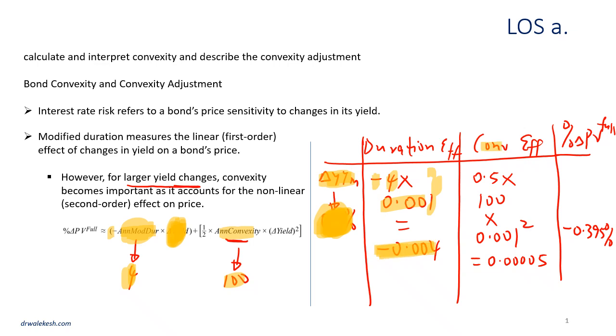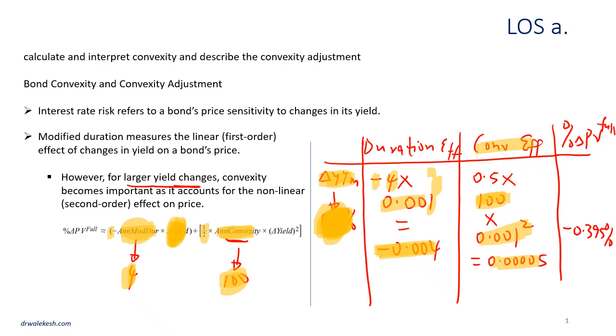To compute the convexity effect, it will be 0.5 times annualized convexity, and that is 100 from this example, then times the change in YTM squared, and you should have this.